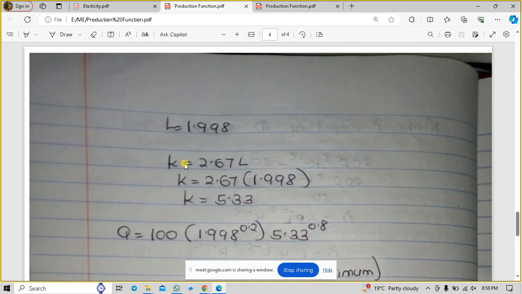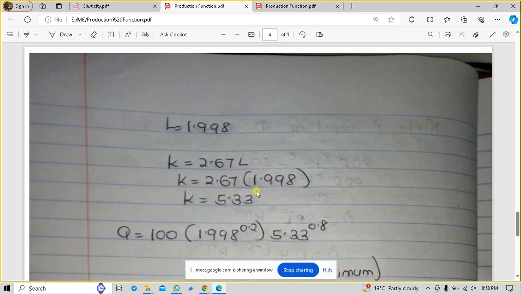So then the value of K. If you have 2.67 and L is 19.98, 2.67 times 19.98 gives you how much? Yes, 53.3.